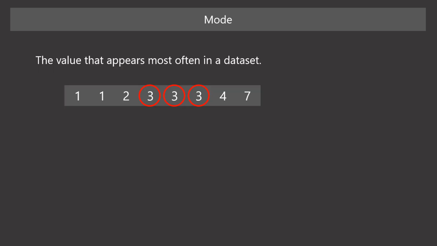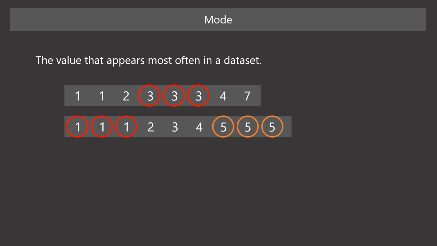The mode is the value that appears most often in a dataset. For example, in this dataset, the most frequent value is 3, so the mode is 3. By definition, the mode is the most frequent value in the dataset, but some datasets have 2 or more modes.